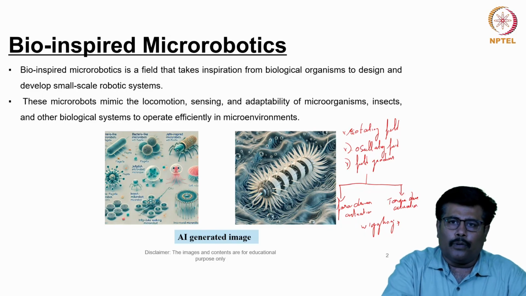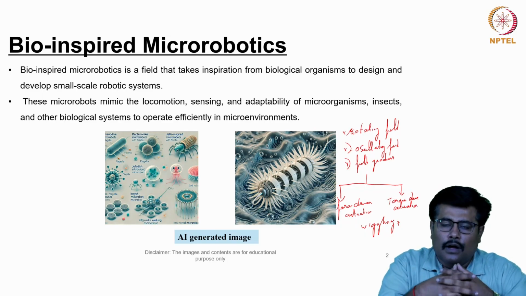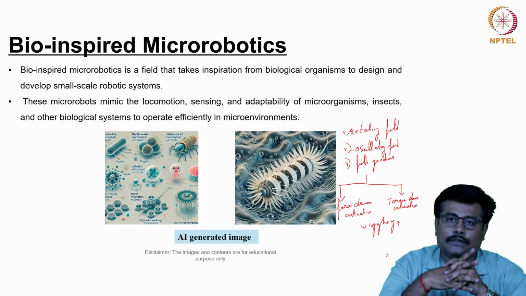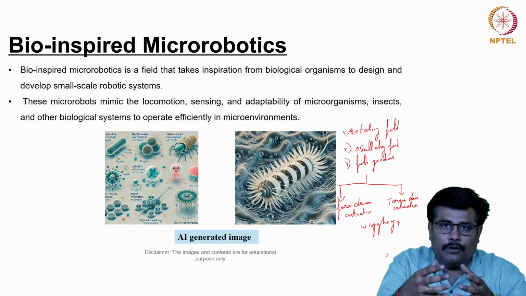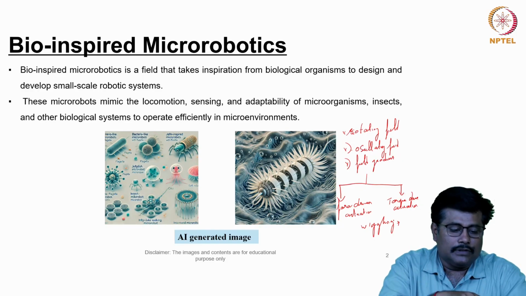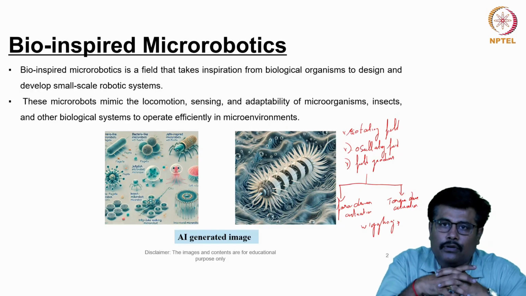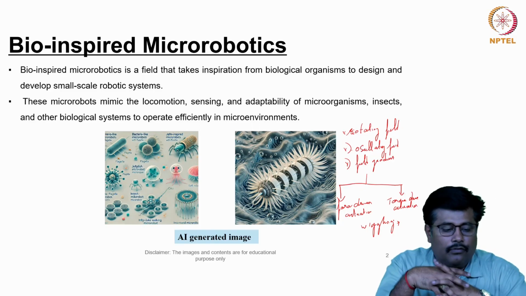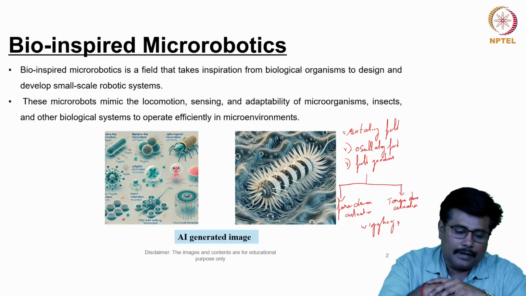When we propose these micro robots for drug delivery or biomedical applications, sometimes we may need them for minimally invasive procedures, for targeted drug delivery, or in vitro for cell manipulation and characterization.